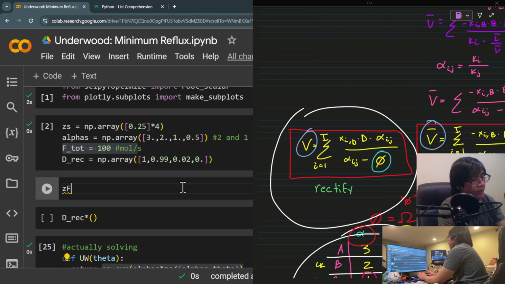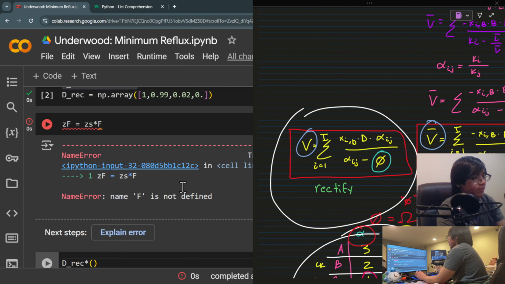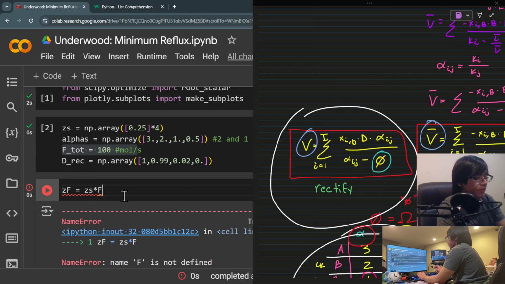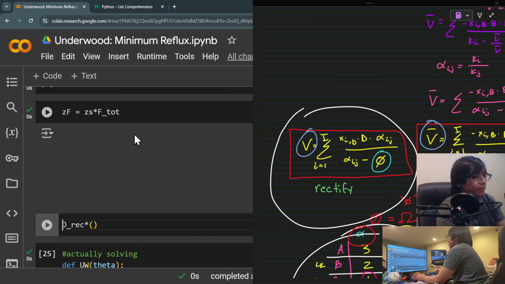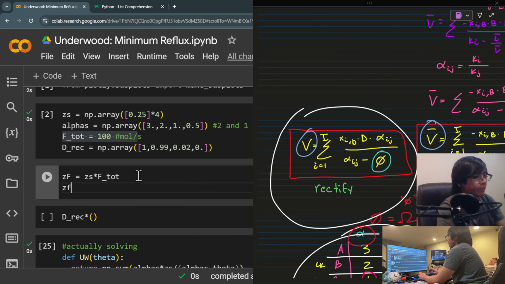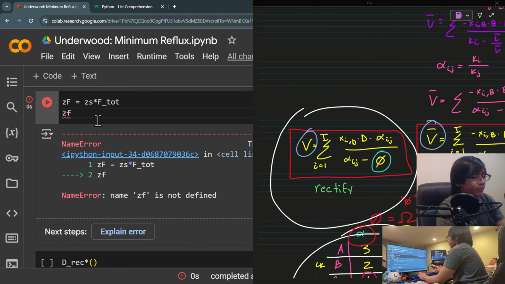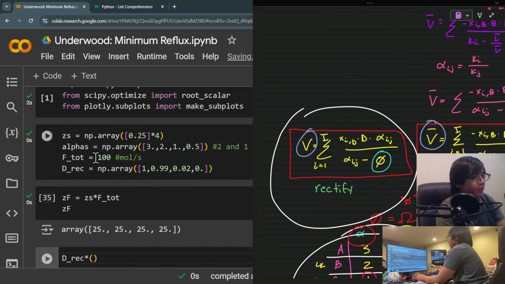Z's times F total, just to keep things more defined here. So this is our feed times the flow rate. So these are the flow rates of each component. Remember, they're all equimolar, and there's only one total feed. That makes sense. So all of these have to be the same feed.